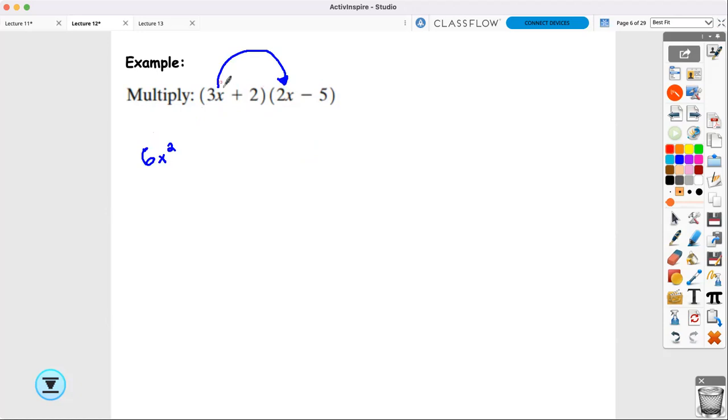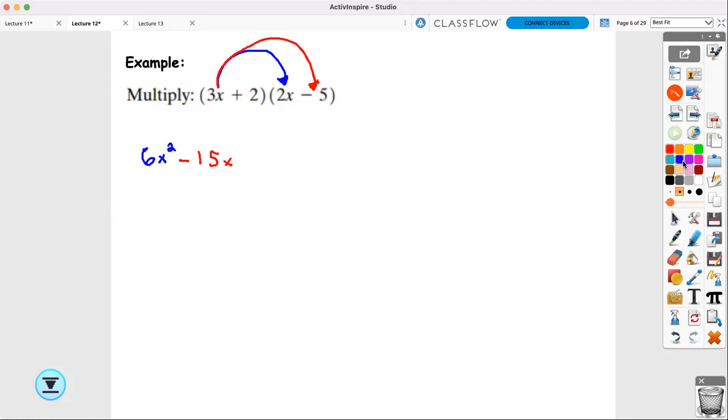Now, I'm gonna draw an arrow from the 3x to the -5 now. We're multiplying the first term, 3x, to each term in the right parentheses, right? So it's gonna be 3x times -5, which is -15x.